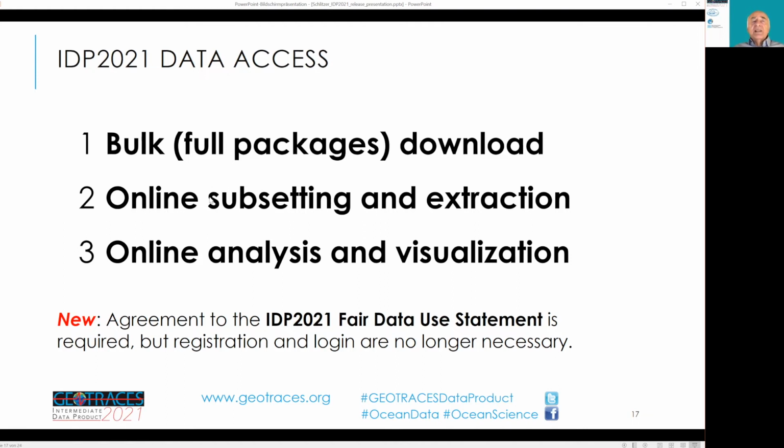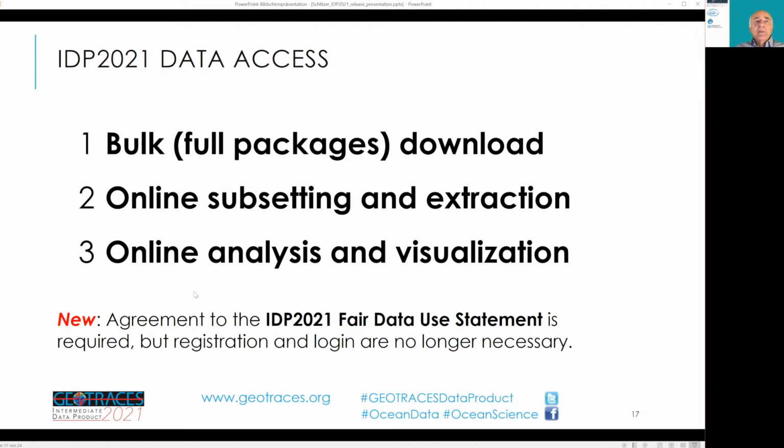They want to subset by region, by time, by parameter, and only want to have this special selection of data. Then the second way is for you. Or if you're just curious and you want to analyze and browse and visualize data without downloading anything, then the third option is for you.